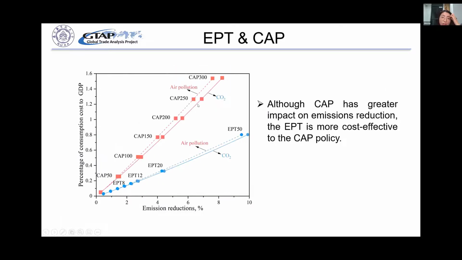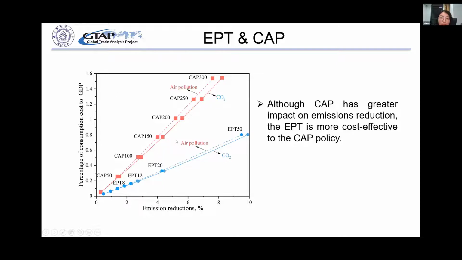And in detail, we compare the emissions and the costs under the environmental protection tax and the carbon pricing. Here we define the consumption costs to GDP to indicate costs.